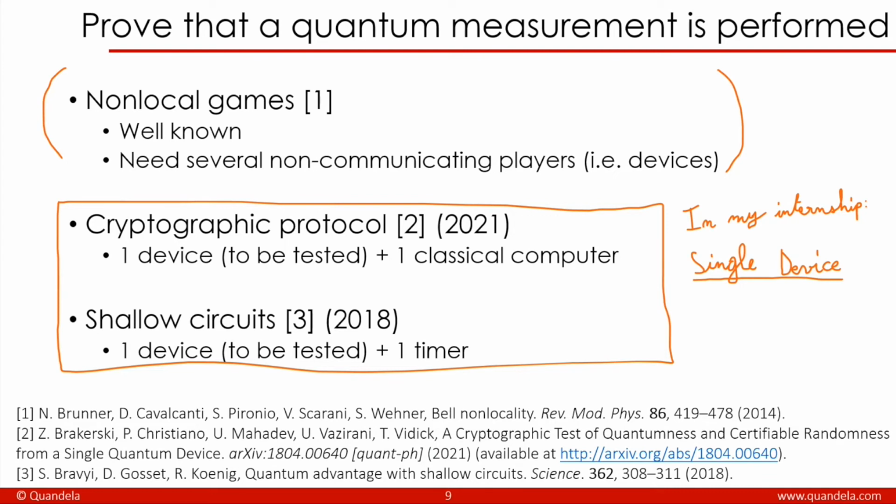So the idea is to define some task which is massively parallelizable using quantum devices. So basically you can have tons of very small quantum devices next to each other, and you can ask them to do some task and they will respond in a constant time regardless of how many devices are used.